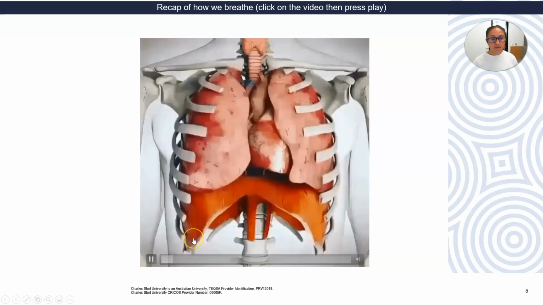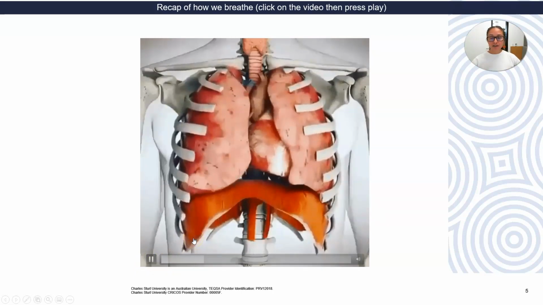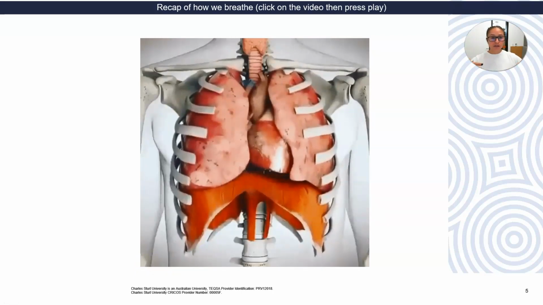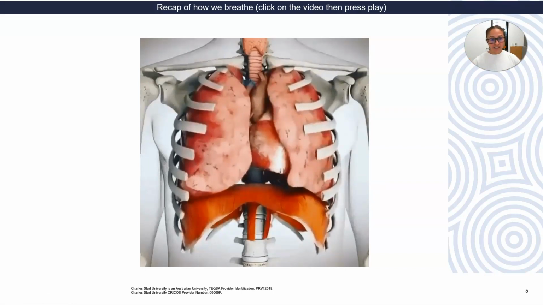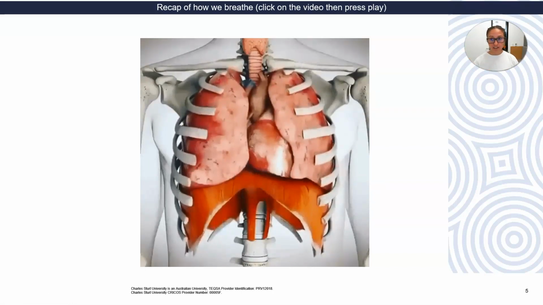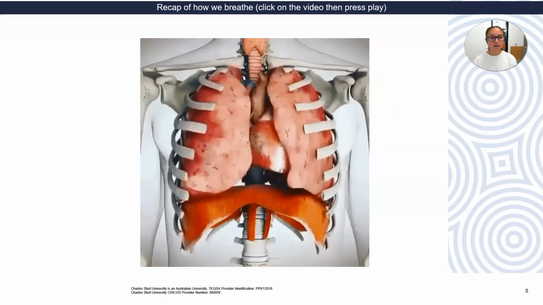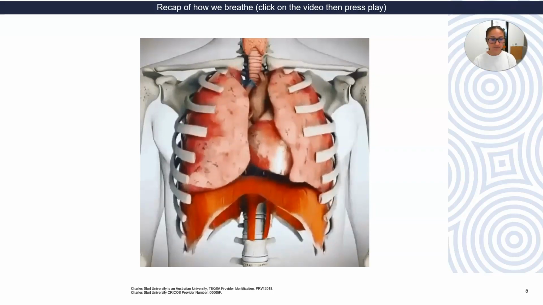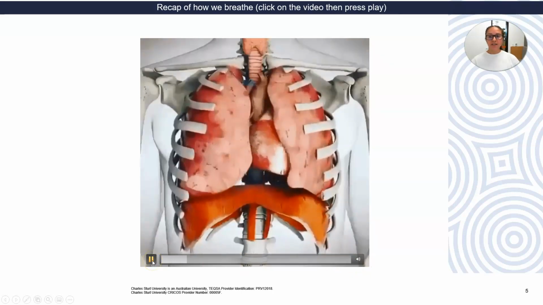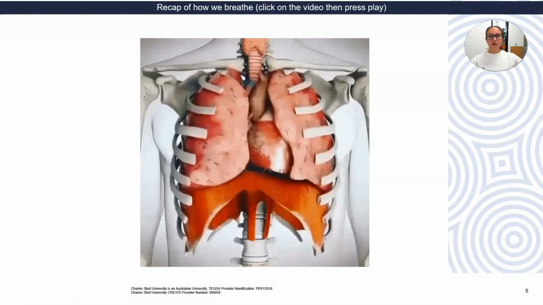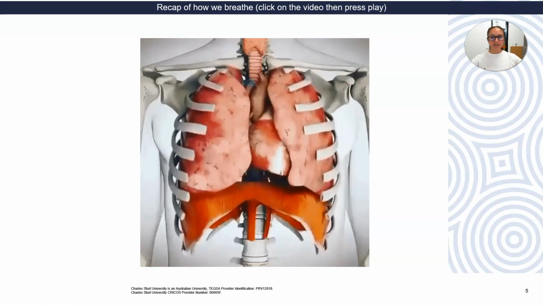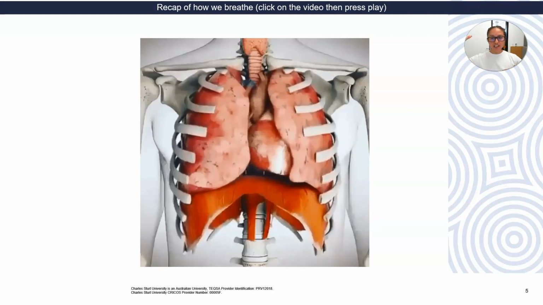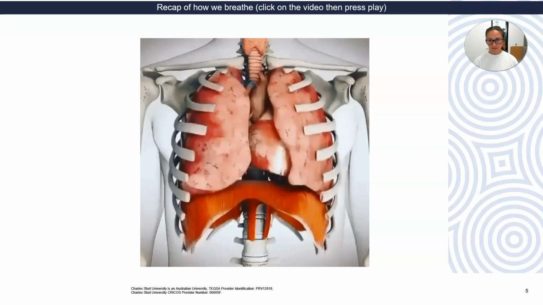And remember, when you have an increase in volume, you have a decrease in gas pressure, because that was Boyle's law. So I should get this to loop, but it doesn't. So you breathe in, low pressure inside the lungs, high pressure in the atmosphere, so air flows in.